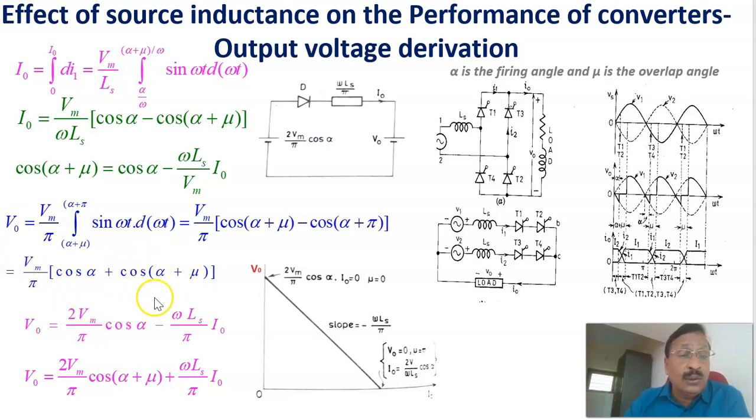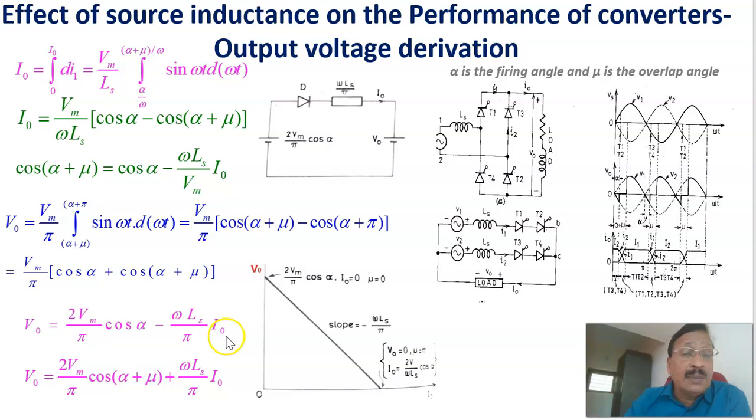Now we replace cos alpha plus mu by this expression, and we get 2Vm by pi cos alpha minus omega Ls divided by pi into I0.